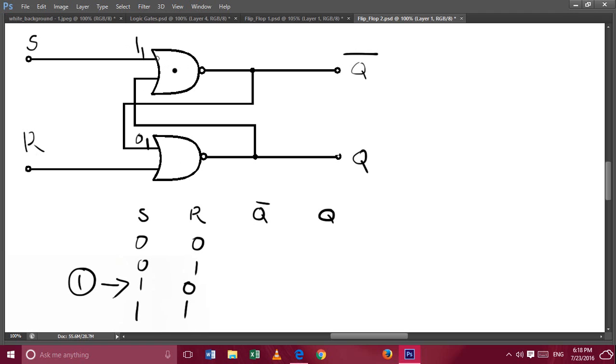Why? Because this only outputs 1 when both are 0. Since one of them is not, it will output 0. This 0 is going to go like this and ends up here.